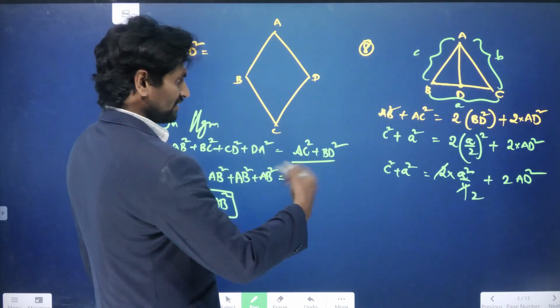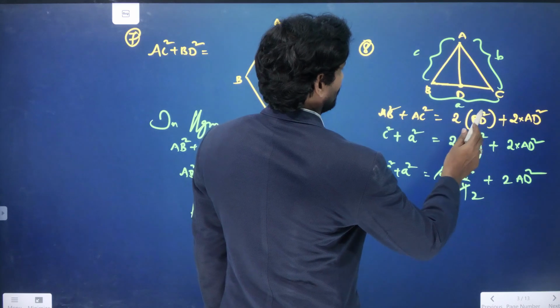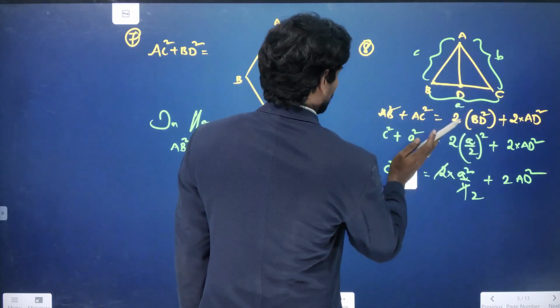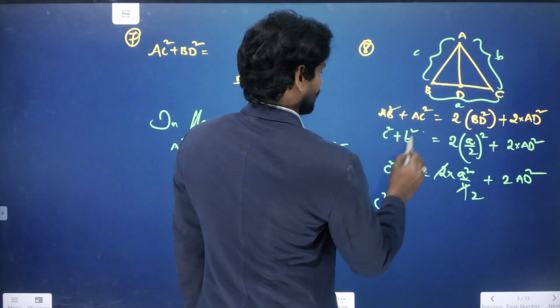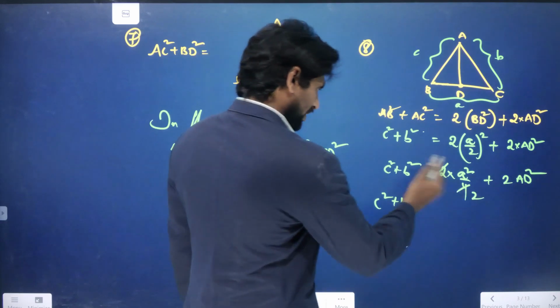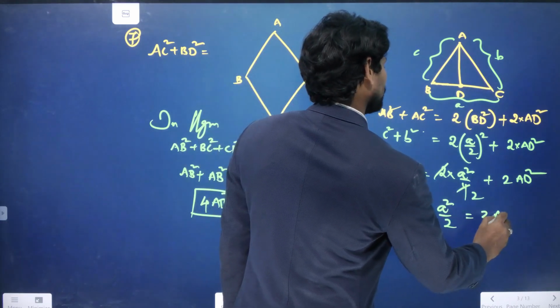Okay, so bring this side. So b square plus c square, sorry, c square plus b square, minus a square by 2, is equal to 2 times AD square.